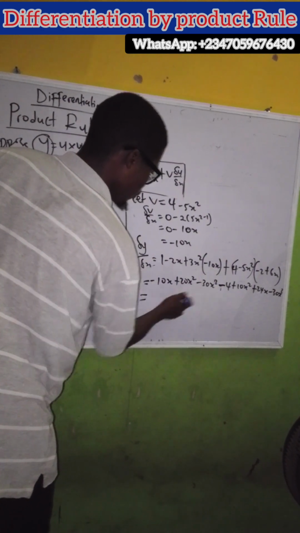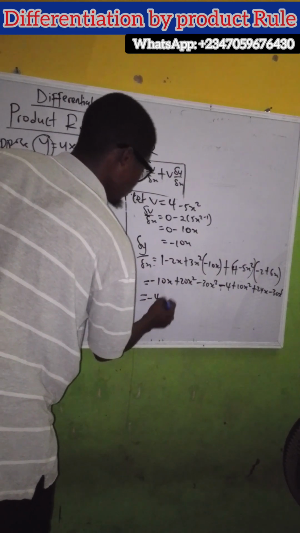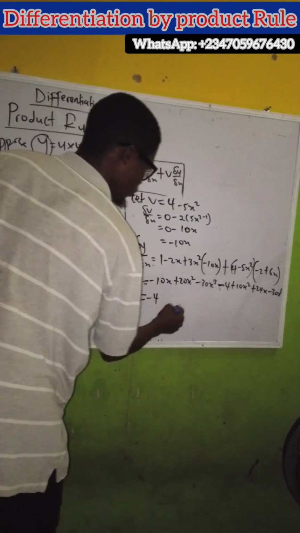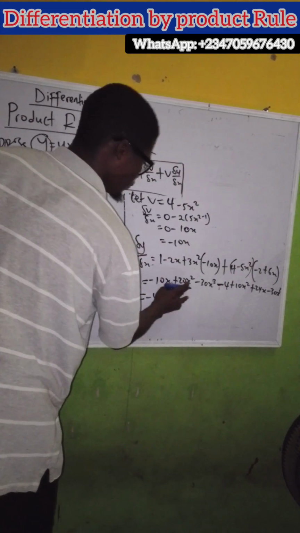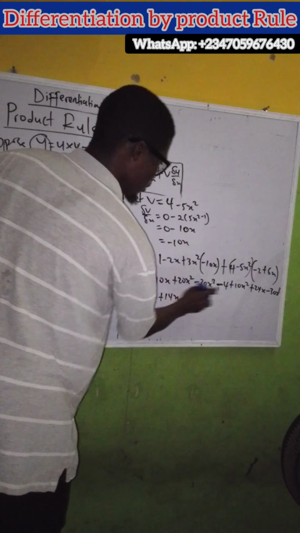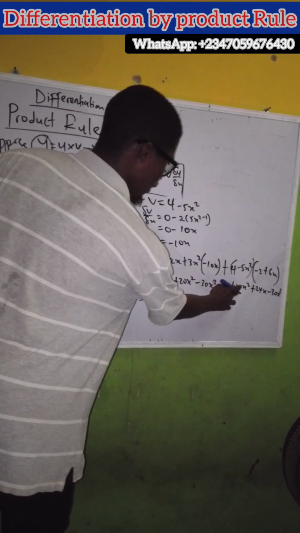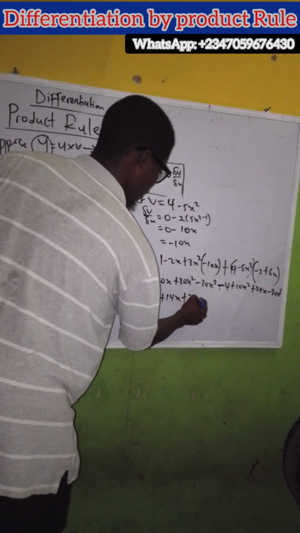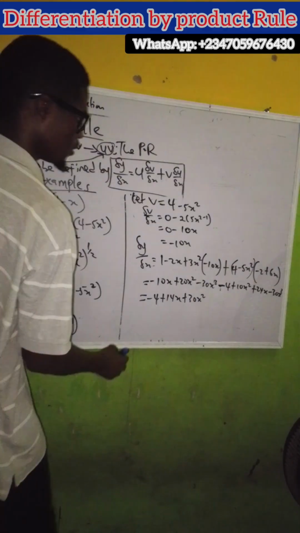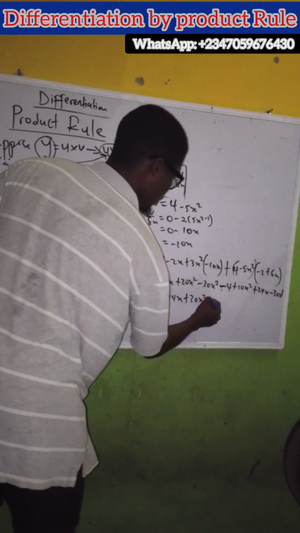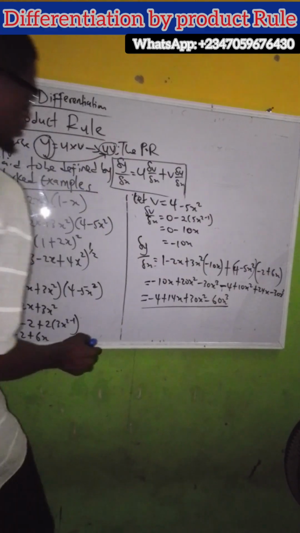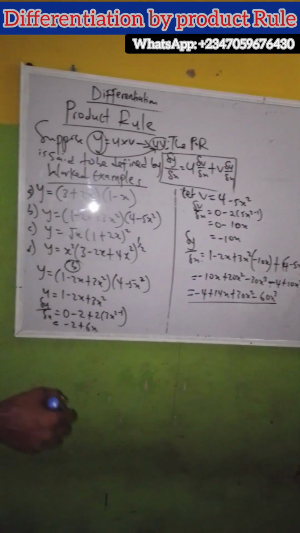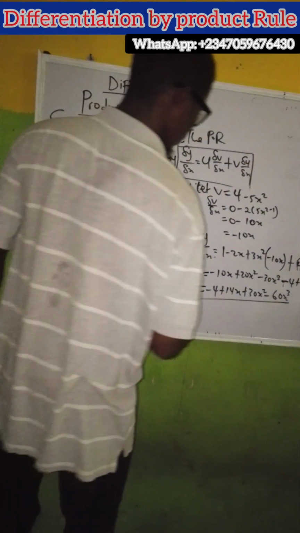Let's make minus 4 come first, since it's just a number. Minus 4, minus 10x plus 24x, that's plus 14x. The square part, this one is plus 30x squared plus 30x squared, that's plus 60x squared. Then minus 60x cubed. I think we're done. So that's our final answer for that.